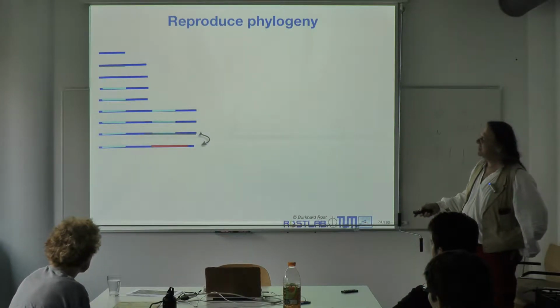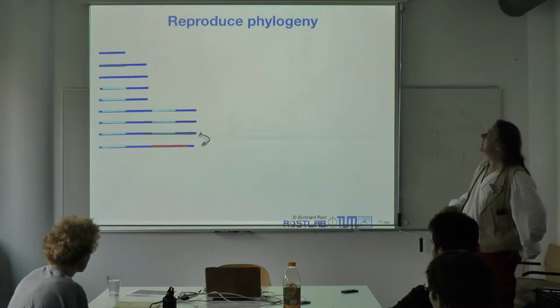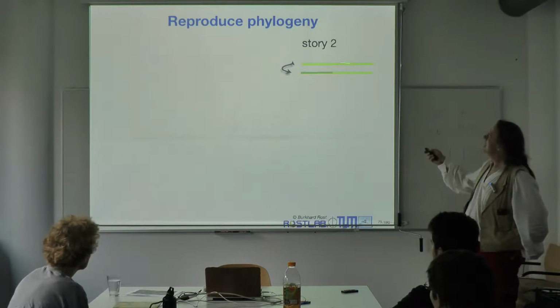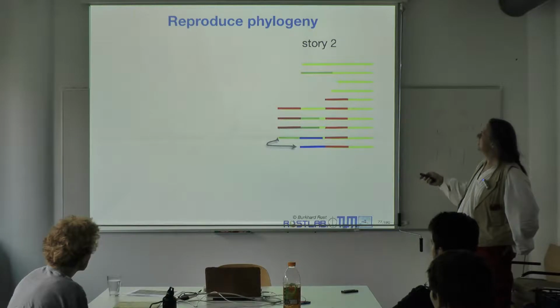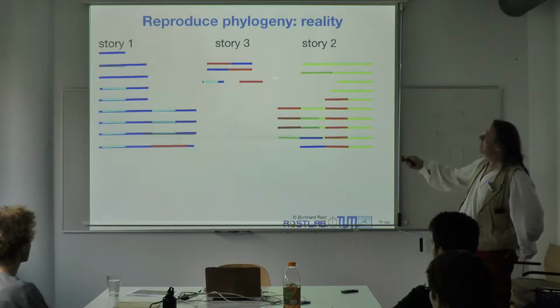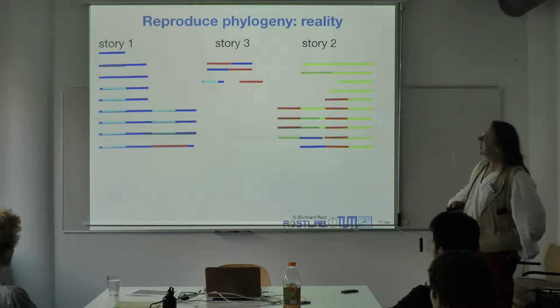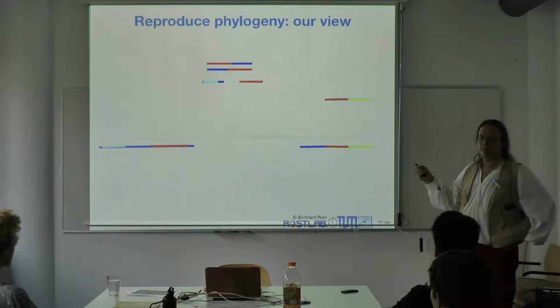The other one here does something else. And so you evolve an object that sort of differs from there. That's one domain history. Story number two is you start with this one, you begin to sort of cut because you see there's a duplication event, and you keep evolving and go into something else. Story number three is this one. Now the point is, what you see today is this.